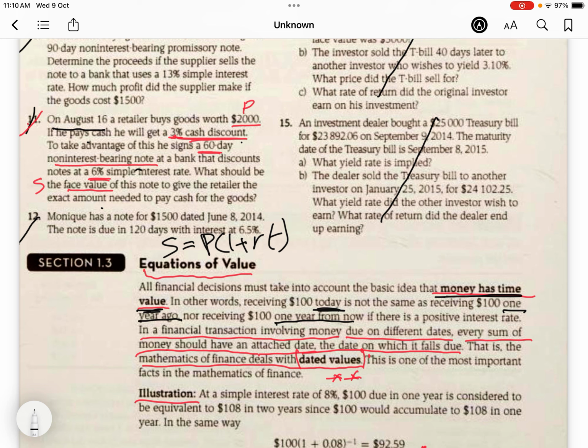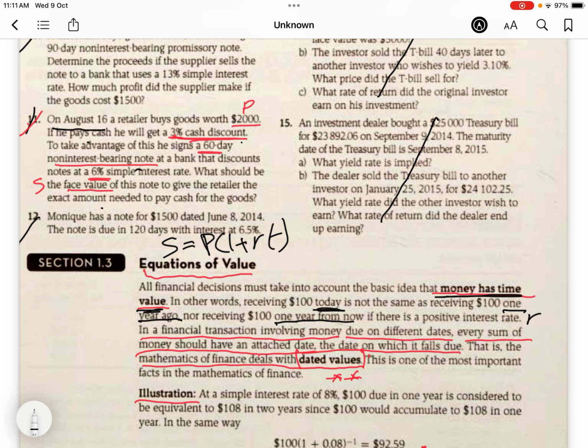Now, if there is a positive interest rate, which is R, in a financial transaction involving money due on different dates, every sum of money should have an attached date, the date on which it falls due.